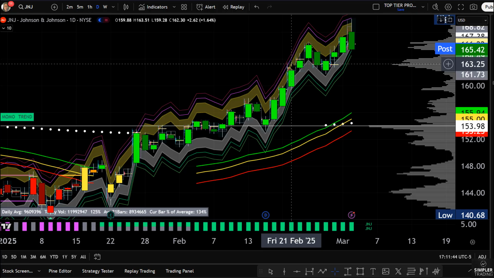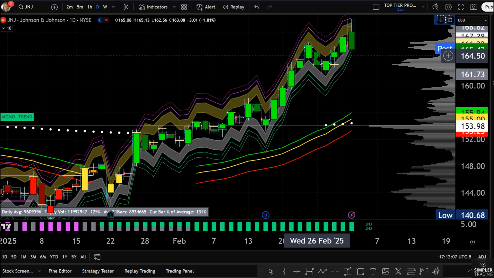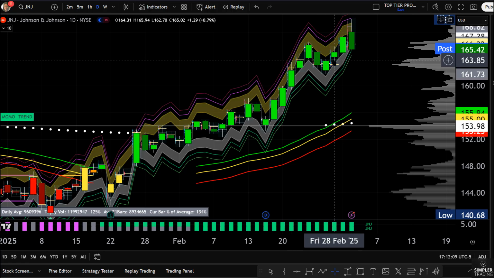Well, our trigger for this Johnson & Johnson trade on the 28th of February was between 163.05 and 163.20. Why? Because there's that volatility-based support in the gray zone, and take a look at that volume ledge. That's why it makes sense to expect support, floor, demand, that type of movement, buying to the upside. And that's exactly what we got.